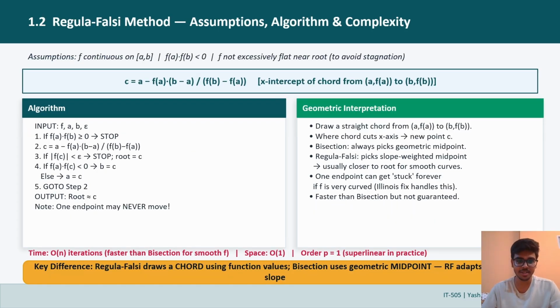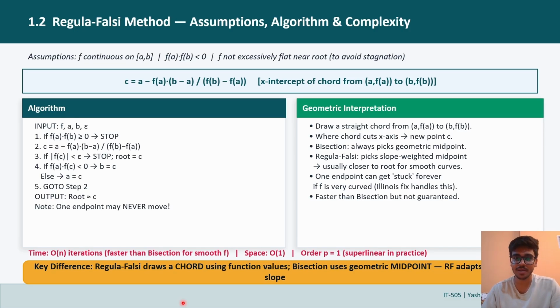In the Regula-Falsi method, we take the same assumptions as bisection: f is continuous and f(a) times f(b) is negative. Additionally, we assume f is not excessively flat near the root, to avoid the one-sided stagnation problem. The formula for the new point c is c = a minus f(a) times (b minus a) divided by (f(b) minus f(a)).